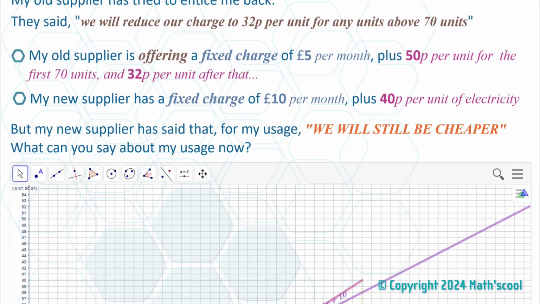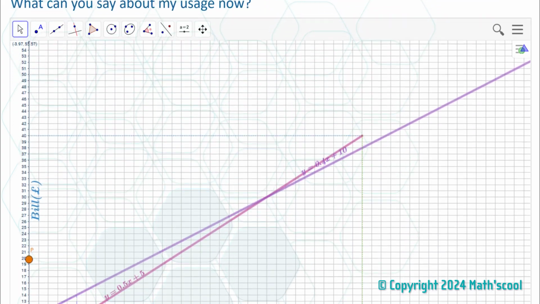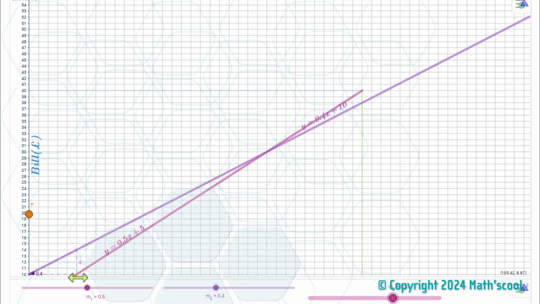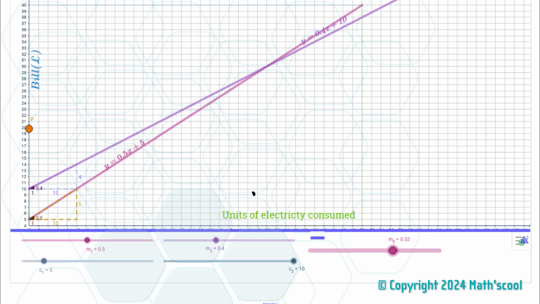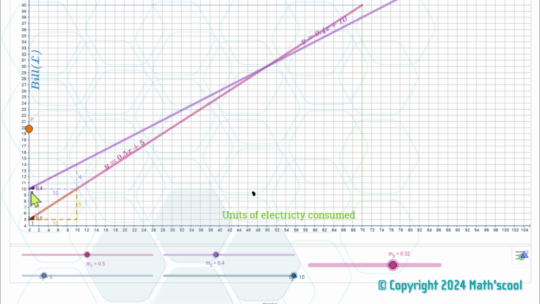Let's look at the graph situation again. Now this is the graph situation we had before, which was the old supplier was 0.5x plus 5, and the new supplier was, let's just move that down a bit, and the new supplier was 10 plus 0.4x, so that was the new supplier.